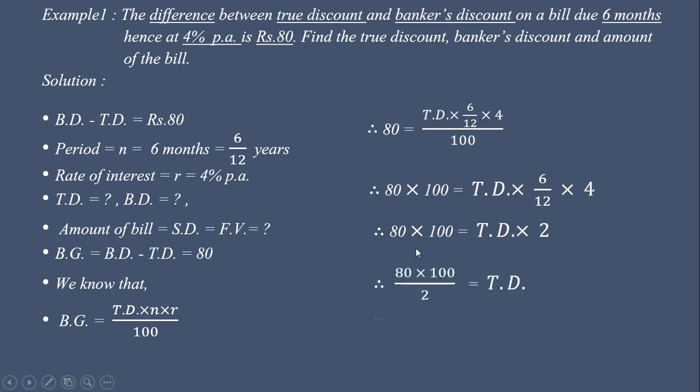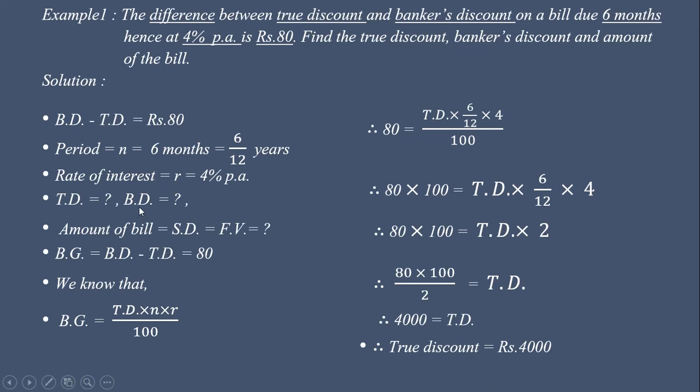Transferring 2 to this side, 80 into 100 upon 2 is equal to true discount, and 80 upon 2 is 40, 40 into 100, we get 4000 is equal to TD. So true discount is equal to rupees 4000. So using this formula for BG in terms of TD, we find the value of true discount.